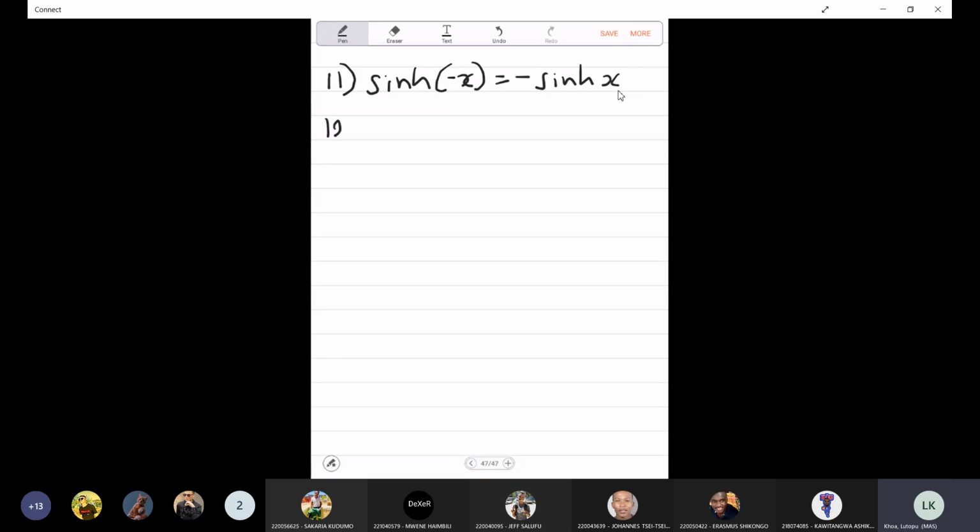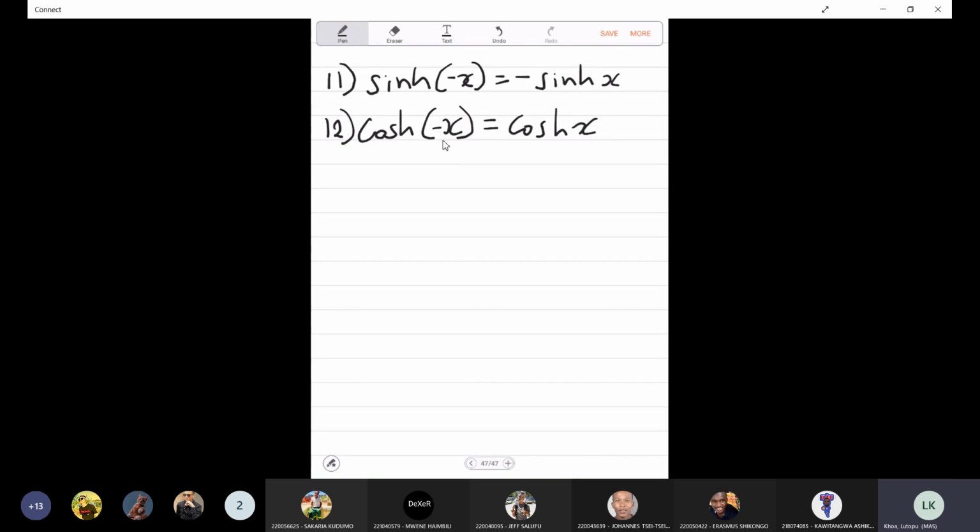Then 12, we have the cosh of minus x, and this is the same. That okay? So this one is what we call an even function. Whether you put in the negative number or the positive number, the answers are the same. Then what you have is an even function.